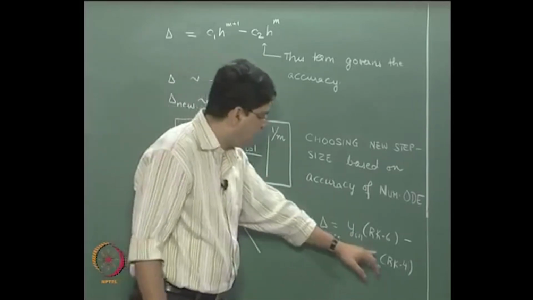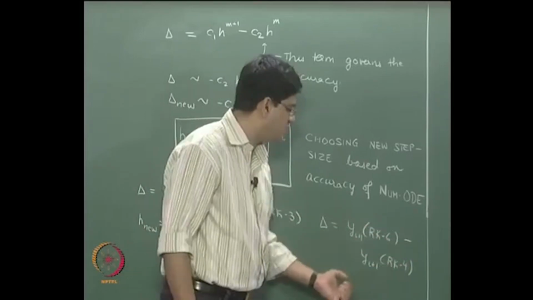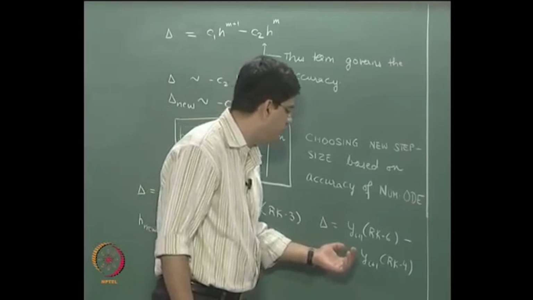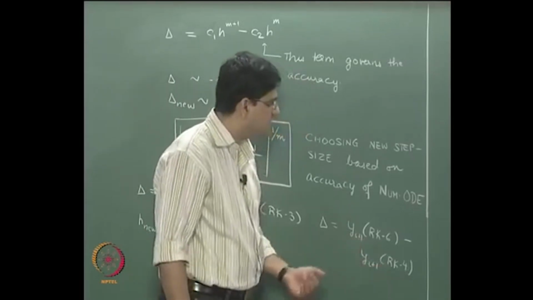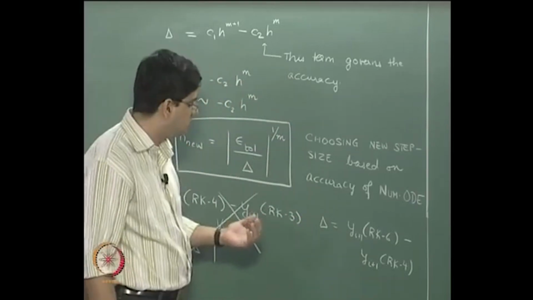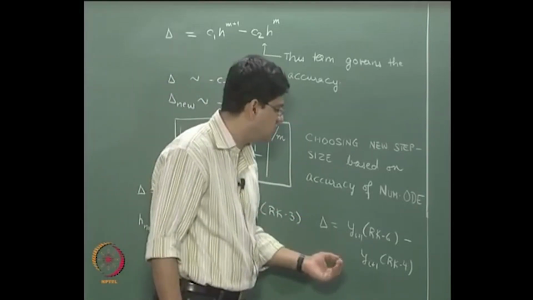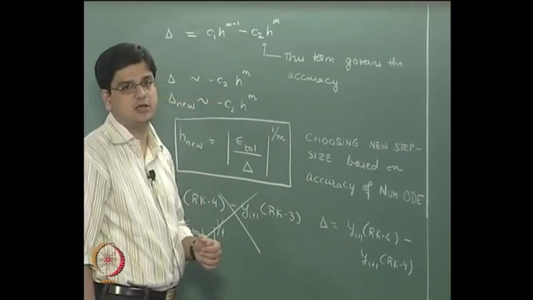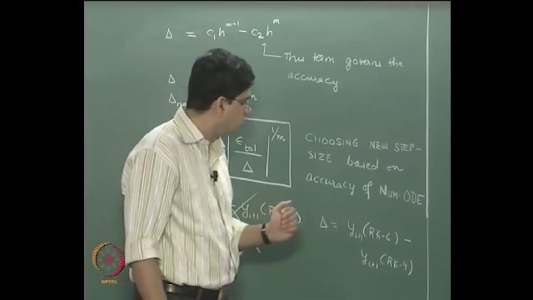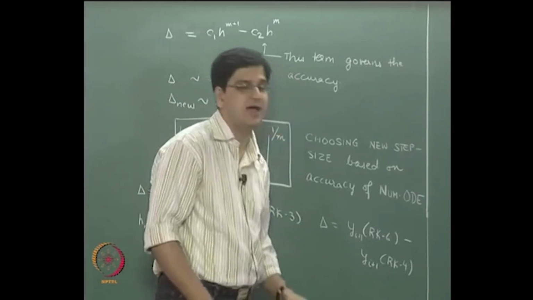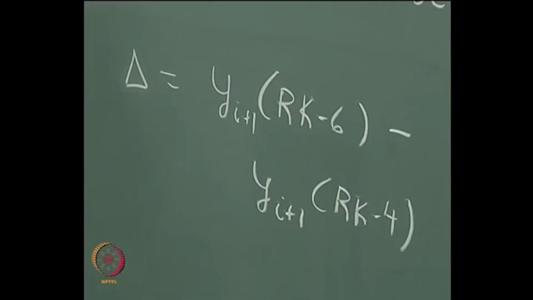Okay. And one of the first embedded RK methods was what was known as the RK Fehlberg method, and after that, in the early 1990s I believe, there was a new method introduced known as the Cash-Karp modification to the embedded RK method, and I will just go over to the slides and show you what we actually mean by the embedded RK methods.